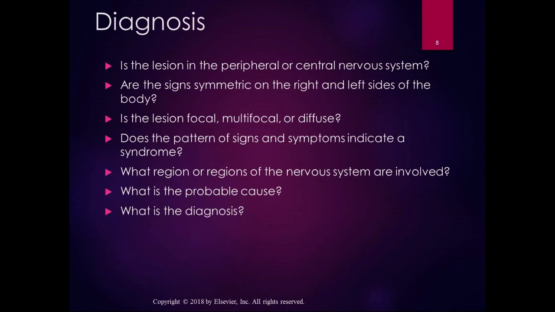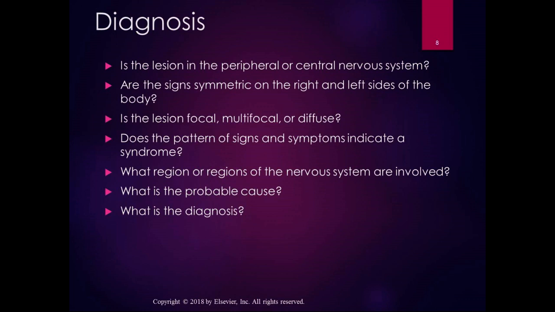Does the pattern of signs and symptoms indicate a syndrome? We will talk in the spinal chapter about several different syndromes that have particular groups of signs and symptoms, and in some of the other chapters as well. So sometimes it's a pattern recognition thing.